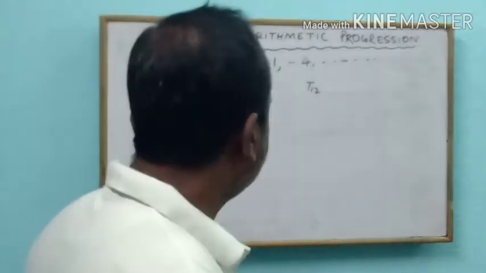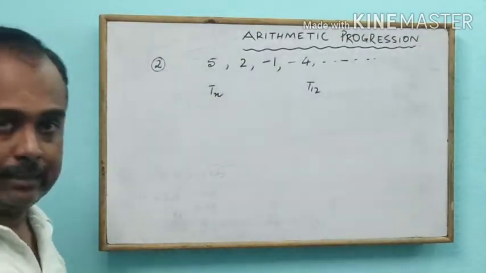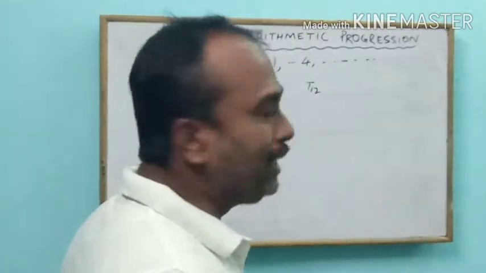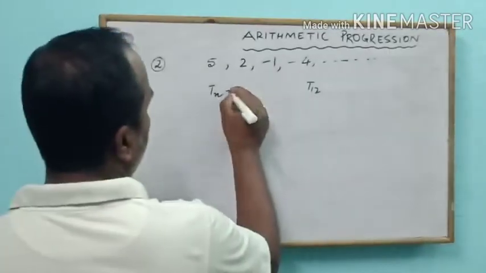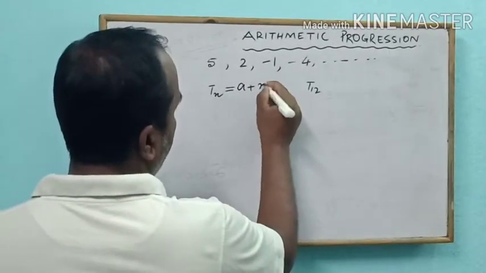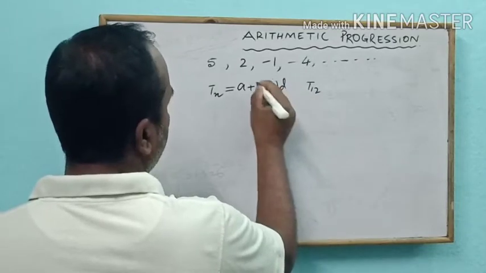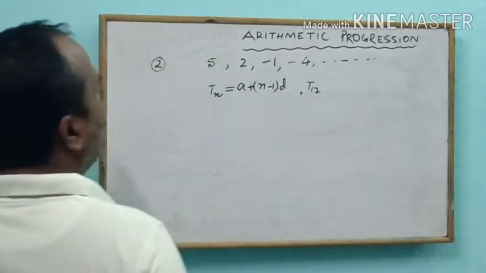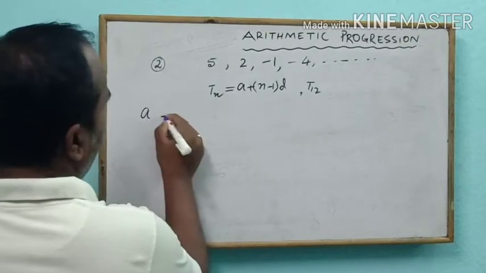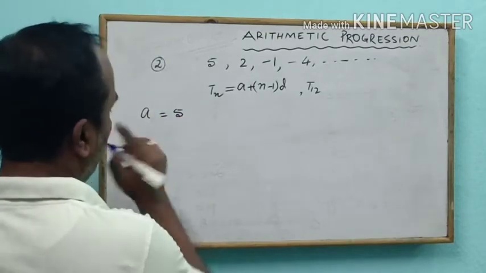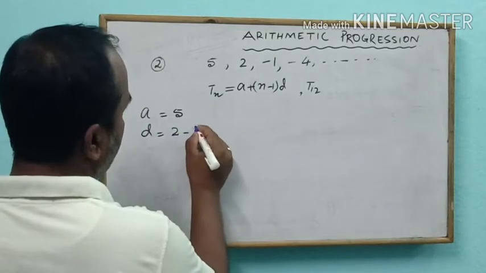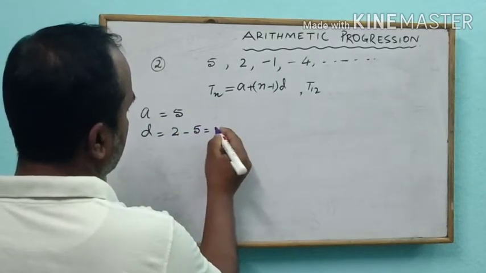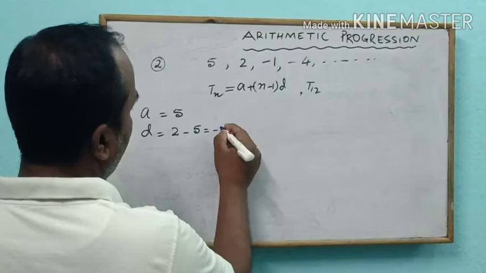AP is given. I have to find out what is the nth term and what is the 12th term. To get the nth term, we know the formula is A plus n minus 1 into D. So what is A? A is here 5. First term is 5. What is D? D is second term minus first term, that is minus 3.